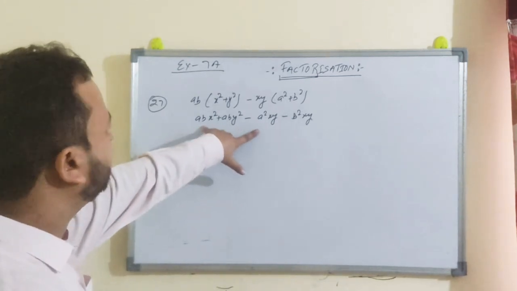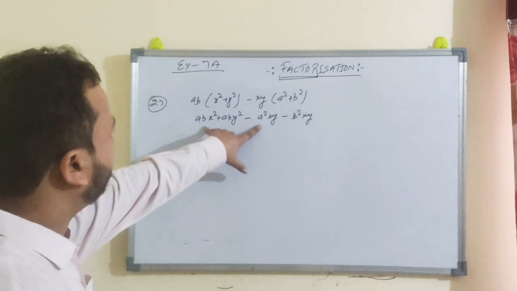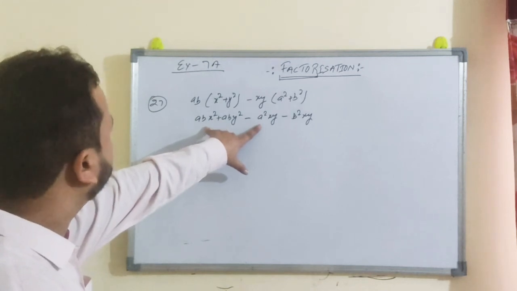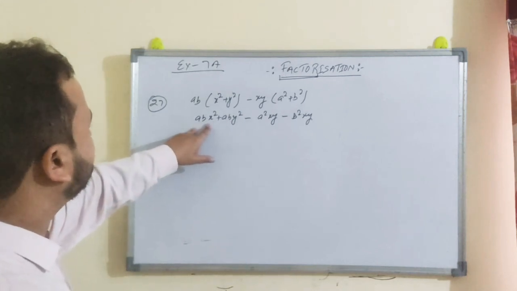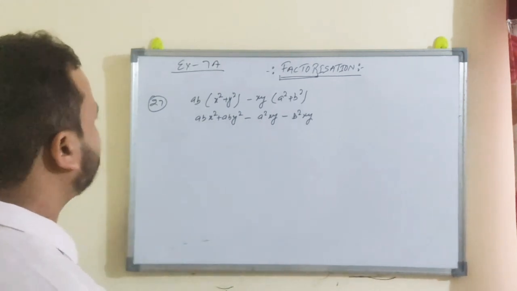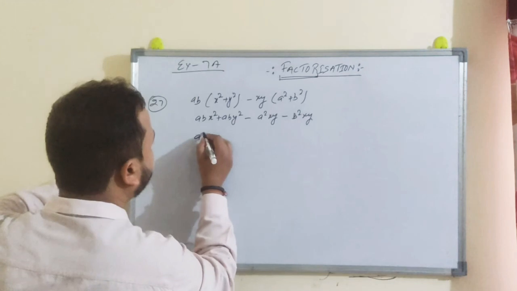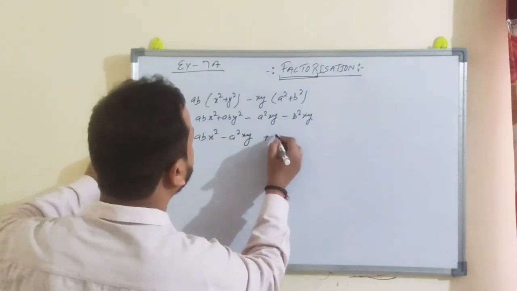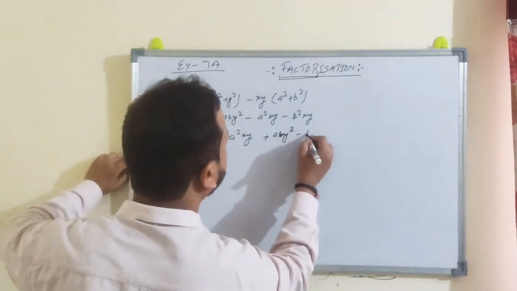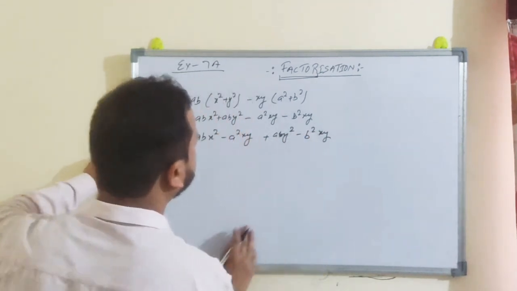So a square xy we can also take. So from here take a, take x, so bx and ay is left. So ab x square minus a square xy plus ab y square minus b square xy.